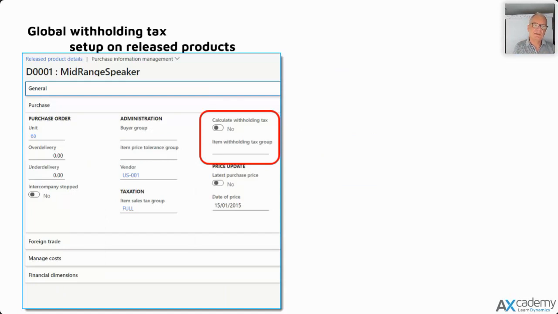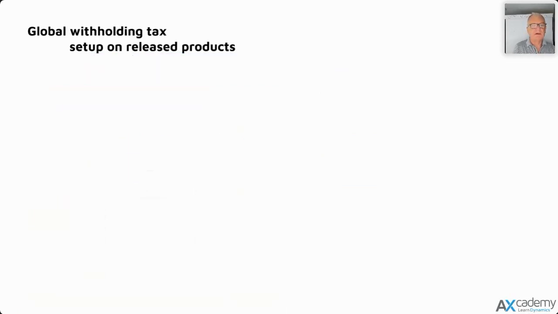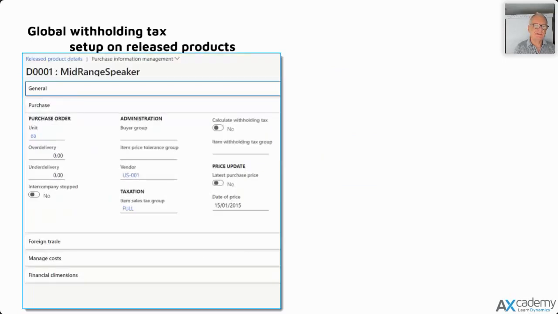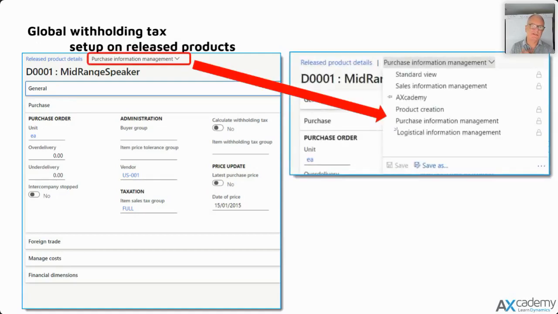On the purchase fast tab, I can now see the calculate withholding tax and then the item withholding tax group. Now, see how simple this screen is, actually. We're used to seeing scores of fast tabs when we set up products. But this is a saved view, and it's an out-of-the-box saved view. Well, if you switch it on in feature management, because you can see at the top, it is called the Purchase Information Management. That's not a name that I gave it. I always call them AXcademy, right?